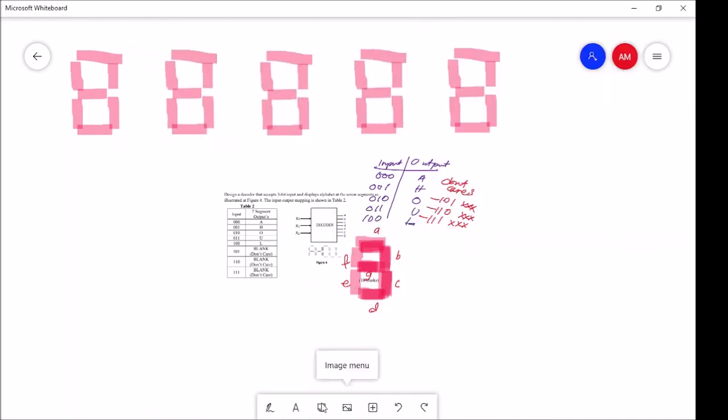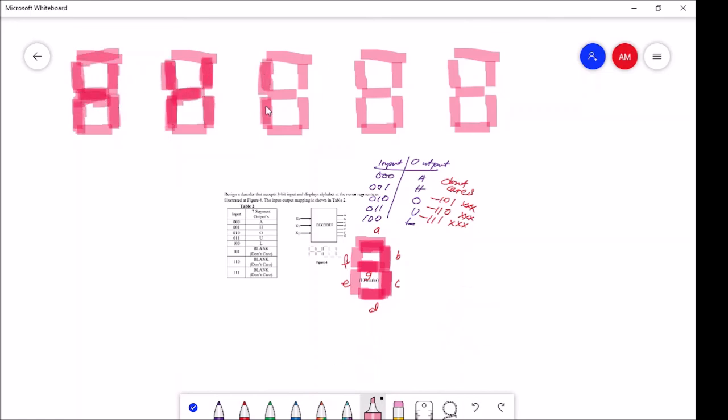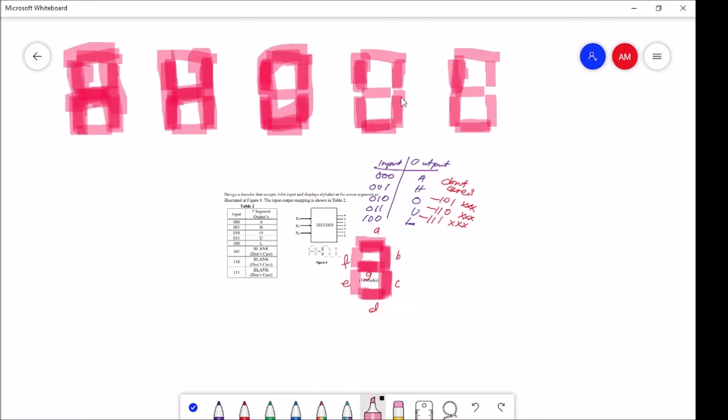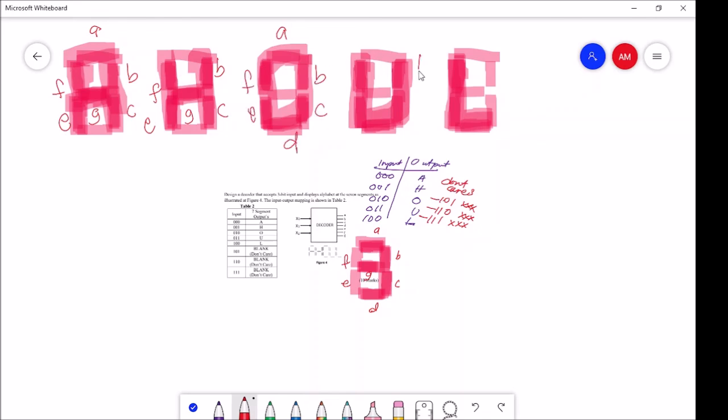So we have 5 sets of 7 segments so that we can produce the letters A, H, O, U, L. And then I will label each segment that has an output, so that it displays the letter properly.